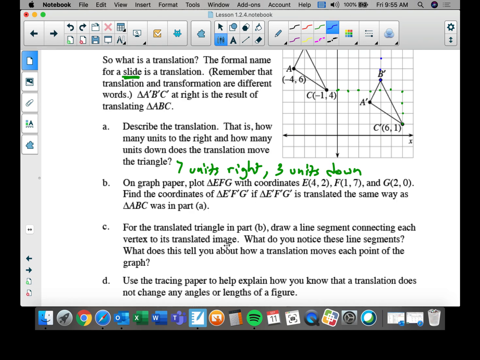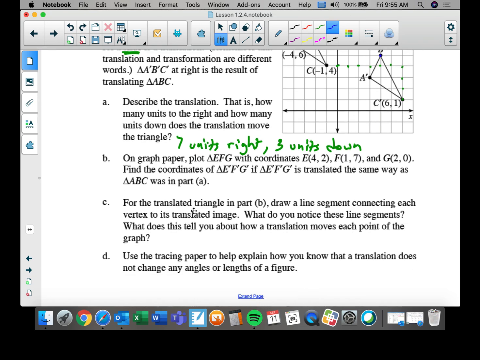So I want you to try part B. Then in part C, they ask you, for the translated triangle in part B, to draw a line segment connecting each vertex to its translated image. And they want you to see, what do you notice about those line segments? What does it tell you about how a translation moves each point? And they tell you that you can use tracing paper to help out. I don't know that you'll really need it for a translation, but if you want to use tracing paper or patty paper, you can do it. That's up to you.